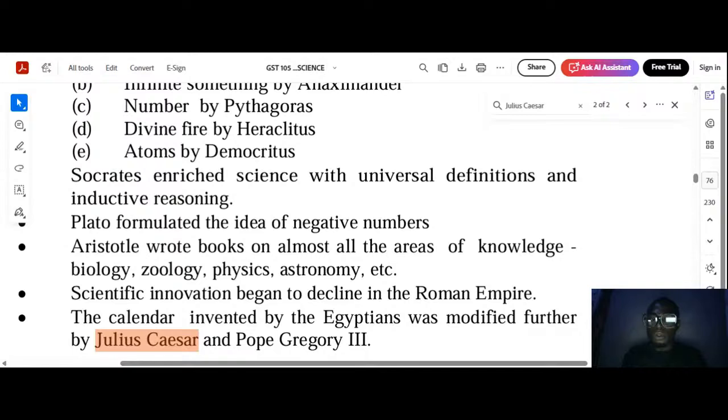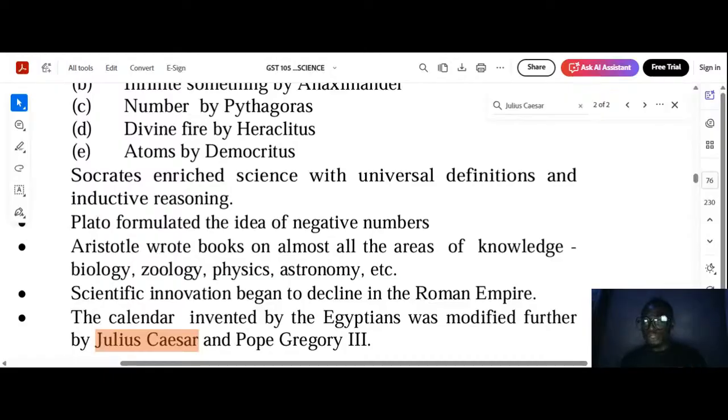Plato formulated the idea of negative numbers. These are facts you need to know, as normal things that are happening in the world, not even for the sake of exam alone. They will test you on this part, but even beyond exam, these are facts you should be able to register in your mind. The man Plato invented negative numbers. That is how we now have -1, -2, -3, -4, -5, and so on.